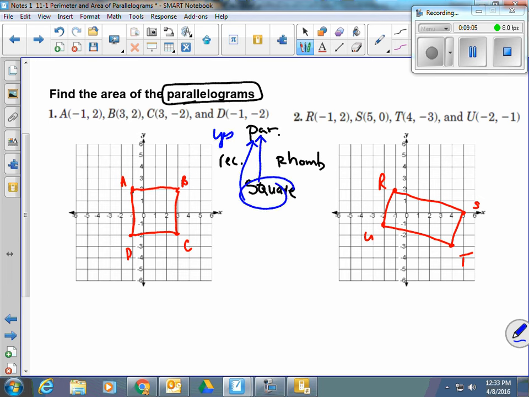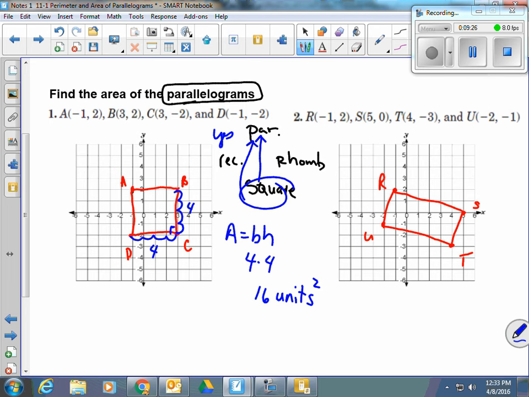So if I'm going to find the area of a parallelogram, I can still use base times height, but just now, all of our sides are going to be the same. And this is 90 degrees, so it's 4 times 4, which would be 16 units squared.